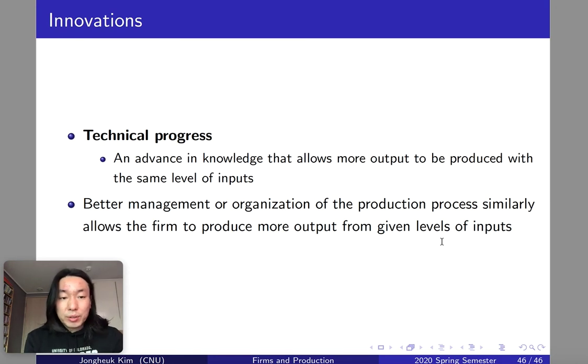Technological progress, or technological evolution, will be heavily affected by the accumulated knowledge of human beings in history. So the knowledge issue is another big topic in economics.